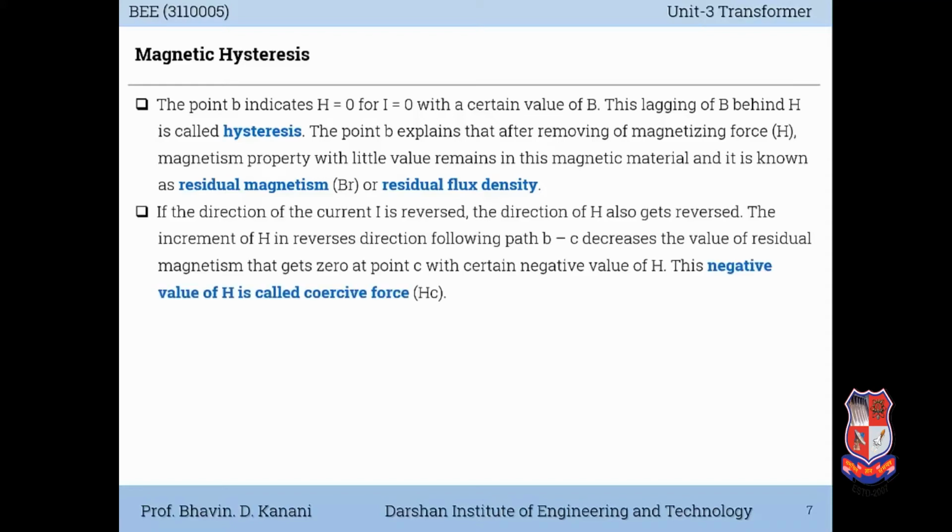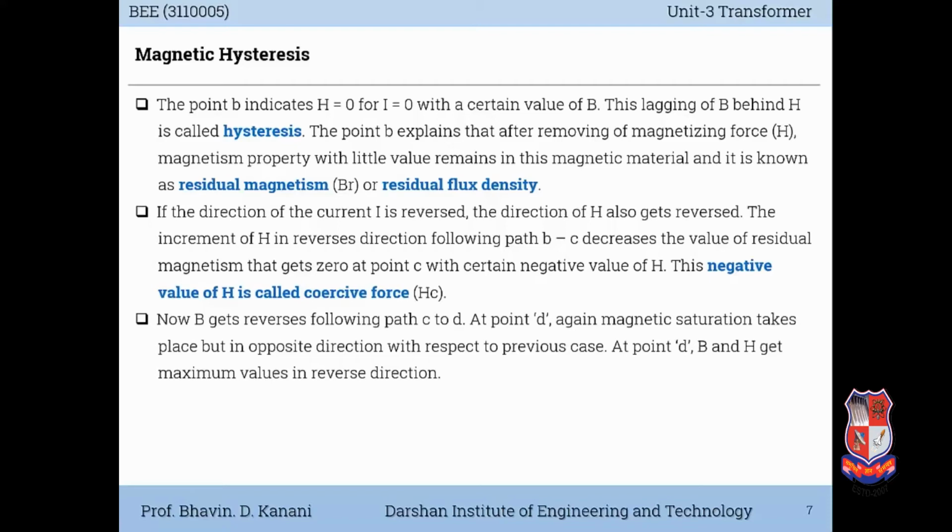If the direction of the current I is reversed, the direction of magnetizing force H also gets reversed. The increment of magnetizing force H in reverse direction following path B to C decreases the value of residual magnetism that gets 0 at point C with a certain negative value of H. This negative value of magnetizing force H is called coercive force and it is denoted by capital H suffix small c.